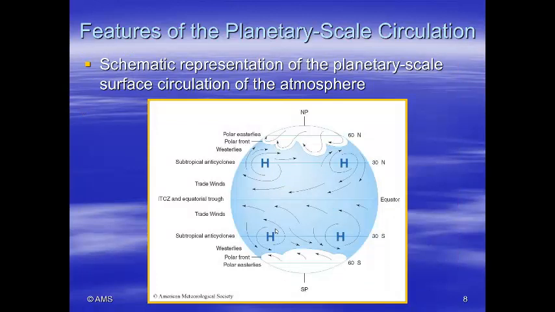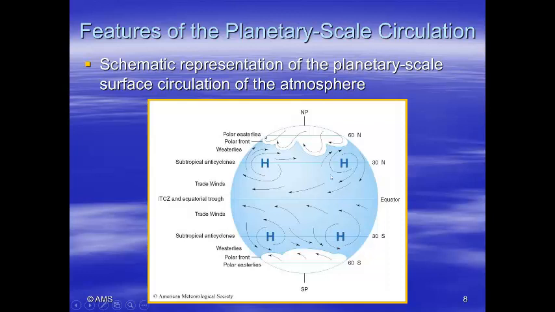So now to simplify things, what we see is that we have these highs at 30 degrees north and 30 degrees south. And in the northern hemisphere, air is going to circulate around them in a clockwise direction. And in the southern hemisphere, it's going to circulate around in a counterclockwise direction.